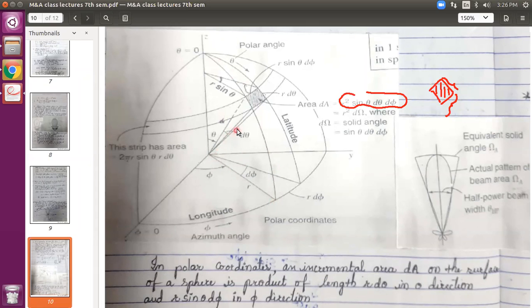So this length, whatever is considered, this length is r, the radius of the sphere. Now, how did I get r d theta? Let me explain that to you. Any doubt?